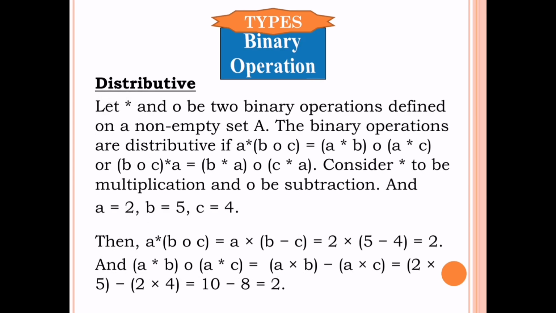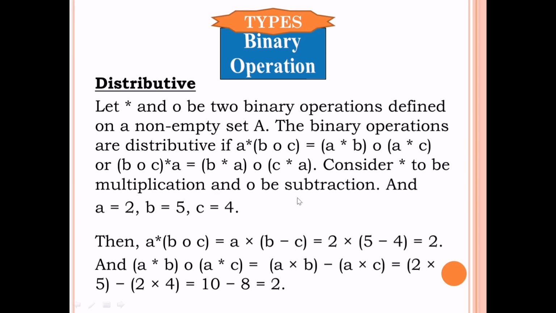Let's proceed. Distributive property. Let the binary operation * and the operation ∘ be two binary operations defined on a non-empty set A. The binary operations are distributive if a * (b ∘ c) equals (a * b) ∘ (a * c), or (b ∘ c) * a equals (b * a) ∘ (c * a). Consider that this asterisk is multiplication and this ∘ is subtraction.